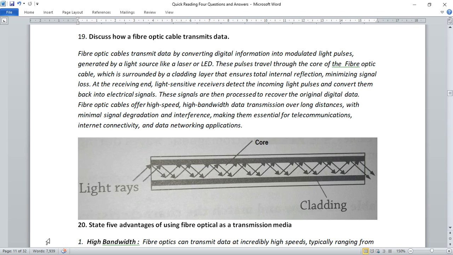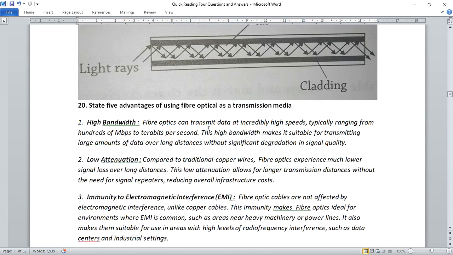These pulses travel through the core of the fiber optic cable, which is surrounded by a cladding layer that ensures total internal reflection, minimizing signal loss. So you can pause the video and take some short notes on this, but in an exam situation, even if you draw this diagram showing how the reflection takes place, you'll still score some marks.